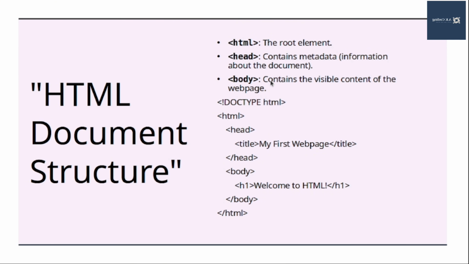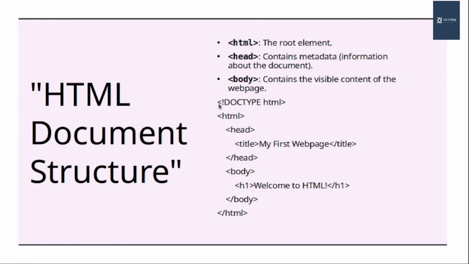And the third one is our body, which contains the visible content of the web page. In our body, as you can see, we will write our code. The code will be read by the computer from up to down.